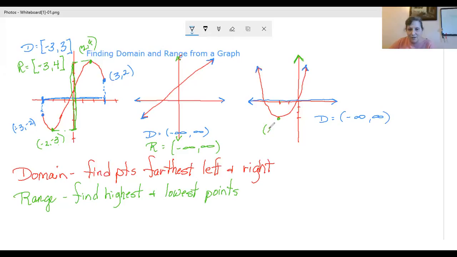This is the point +2, -3. So the low point here is at the -3. So here's the range. The range here goes from inclusive of -3 up to infinity, and of course, infinity always gets a parenthesis.